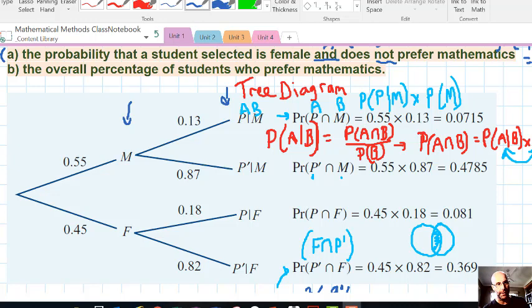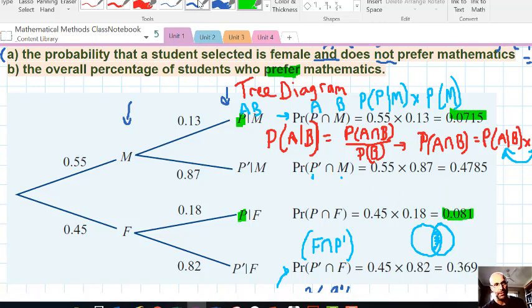The final part now, the overall percentage of students who prefer mathematics. There's maybe a bit more to this than some might first think. So with the preferred mathematics, we need to look for P outcomes. So we have that one and that one there, and we have results calculated for each of those there.